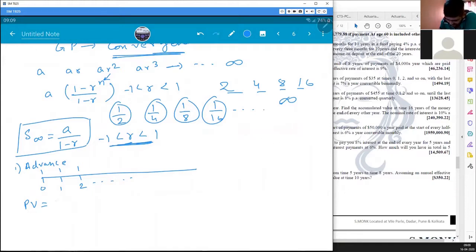So here we'll have 1 plus v plus v squared, and this goes on till infinity. This is a geometric progression where our first term is 1 and the ratio is v. So this becomes nothing but 1 by (1 minus v), and 1 minus v is nothing but d. This is 1 by d.